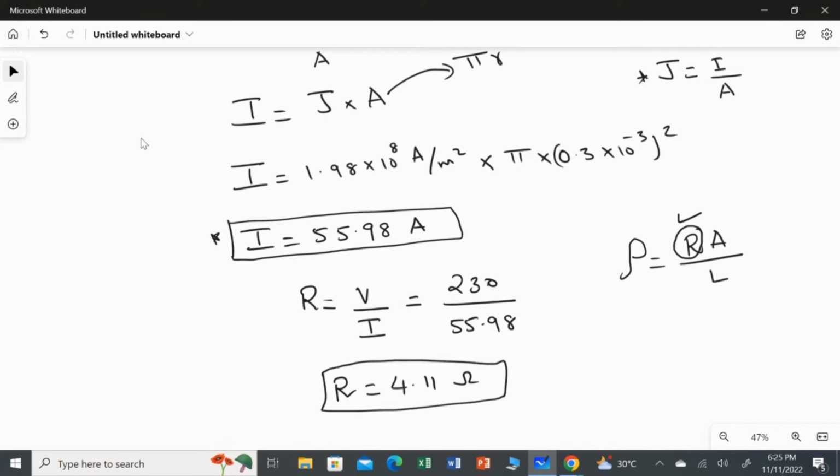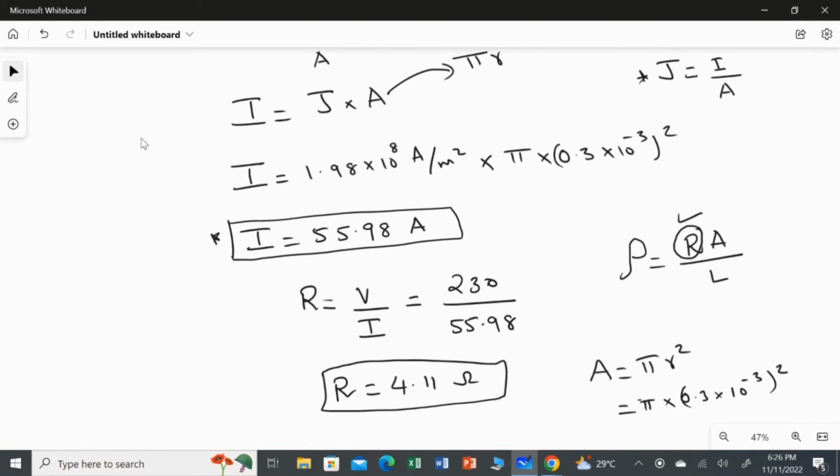So we already got the value of the resistance, but the only thing we have to identify is the area. Area, as I mentioned, is nothing but pi r square. So pi multiplied by 0.3 multiplied by 10 power minus 3 the whole square.